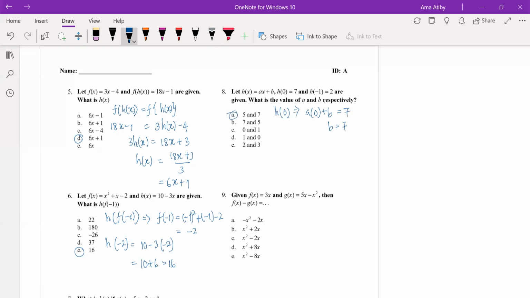So we can make it effective by checking the options directly.